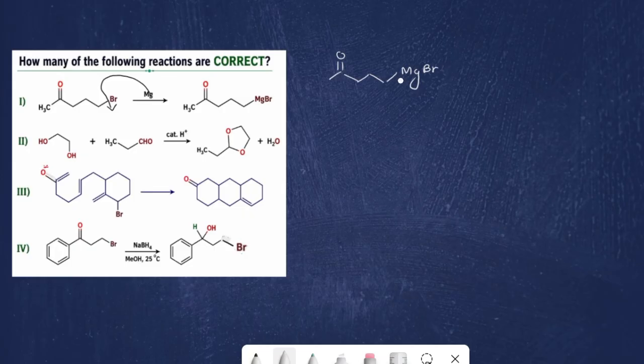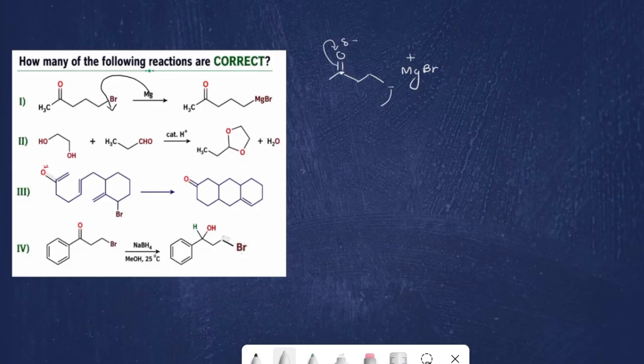No. Because within the molecule we have a reactive center that is a ketone and Grignard reagent. How else can you write the Grignard reagent? You can polarize it as plus here and minus here. And you see the ketones are electron deficient because oxygen is an electronegative element and it will take the pi bonding electrons, making this carbon electron deficient.